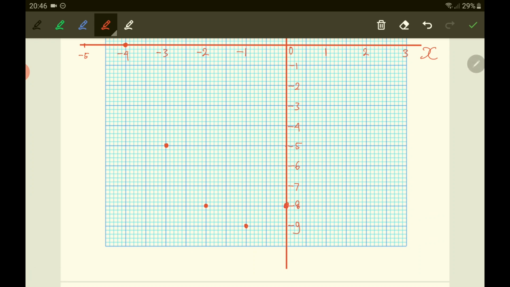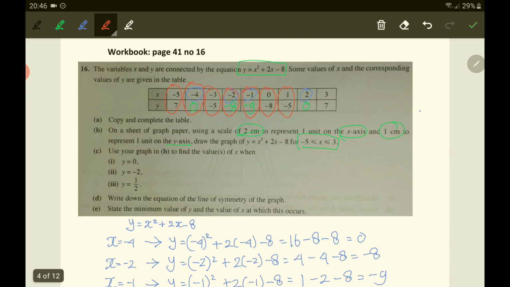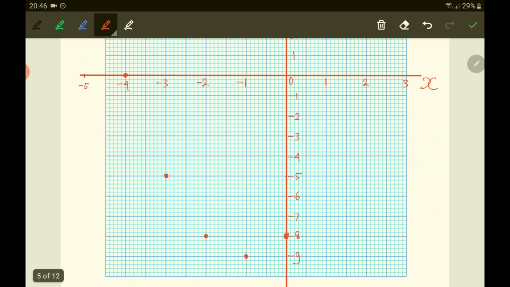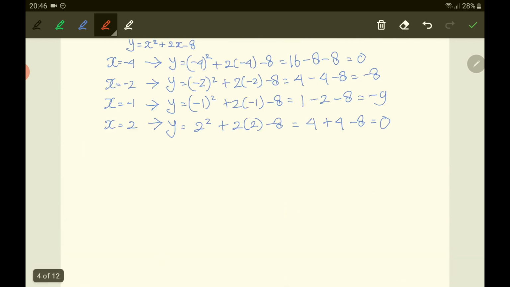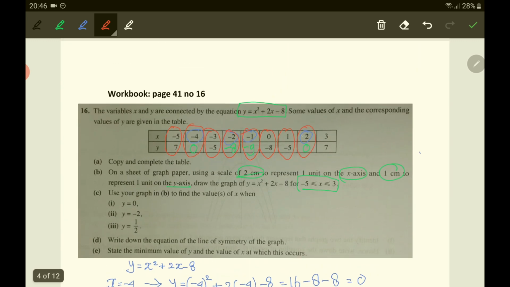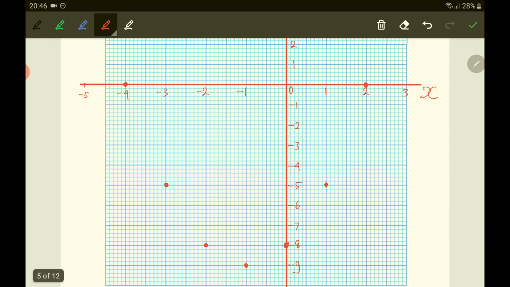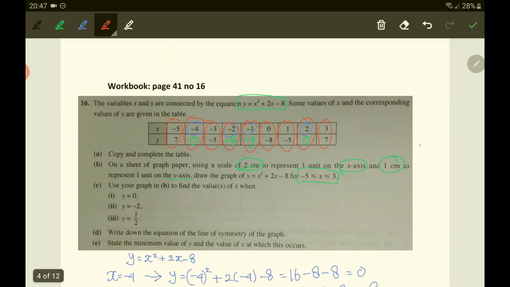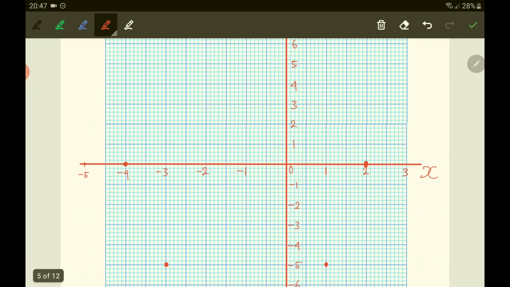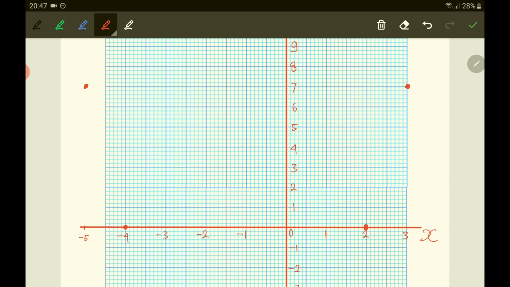Next is 1, minus 5. The next is 2, 0. The x is 2 and the y is 0. The last one is 3, 7, so the last point is here.